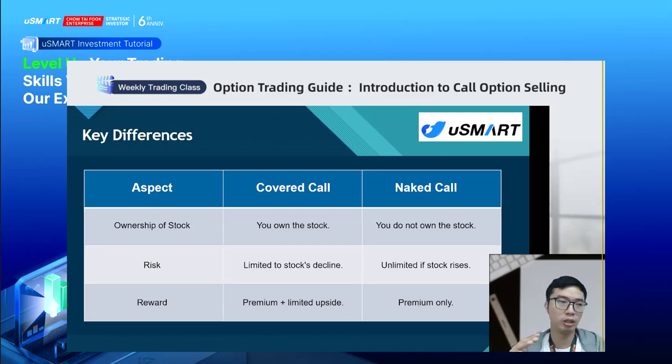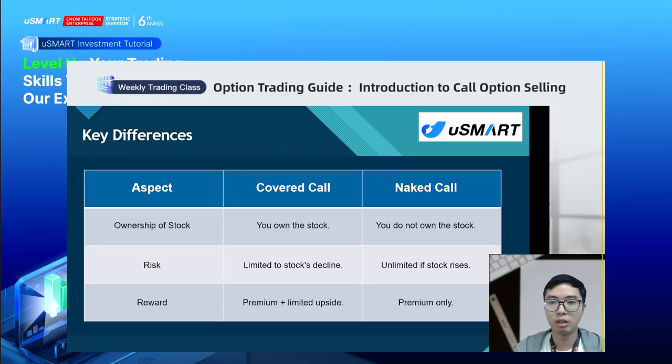You didn't own any stock, so you won't earn any capital appreciation from the stock, and you face a lot more risk. So these are the dangers of selling naked calls. Remember, here we just focus on covered calls. I have to explain the difference between covered and naked calls.